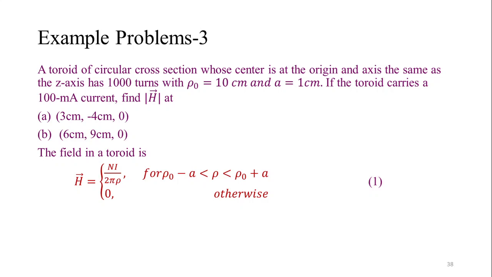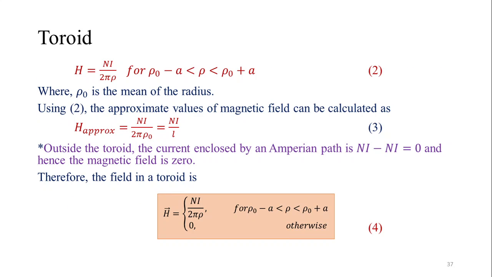As per the previous derivation, H vector is NI by 2 pi rho.